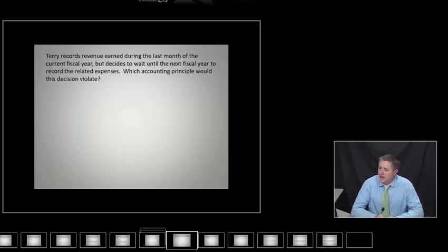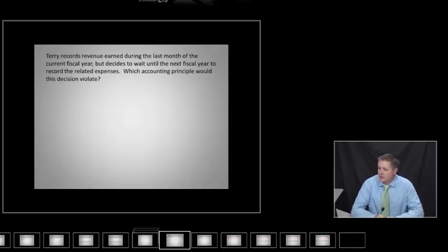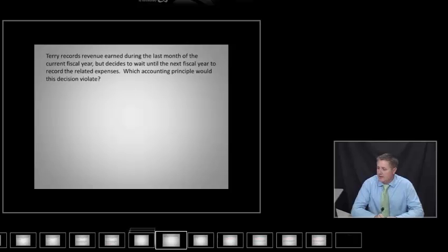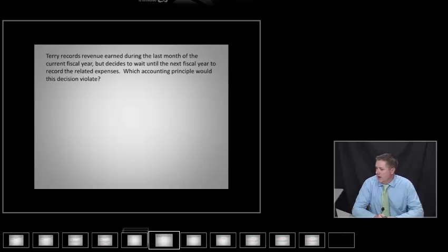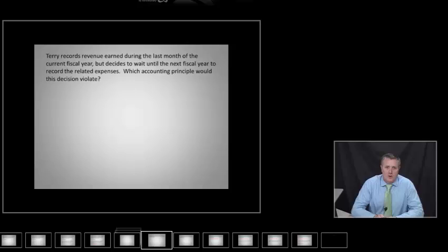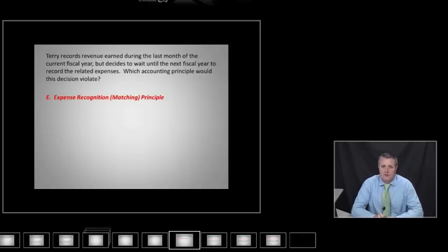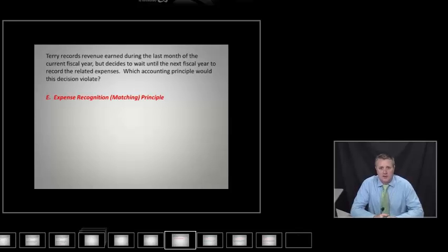Next item: Terry records revenue earned during the last month of the current fiscal year, but decides to wait until the next fiscal year to record the related expenses. Which accounting principle would this decision violate? Well, this is clearly a violation of what you might call the expense recognition principle, or what some people call the matching principle.